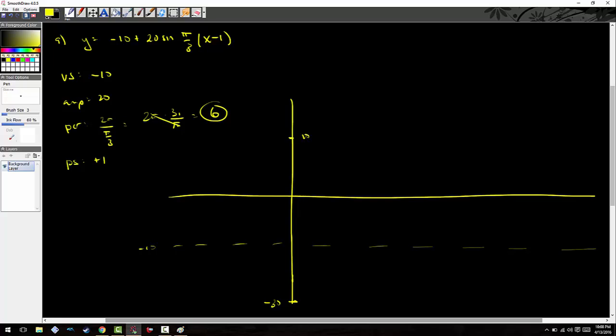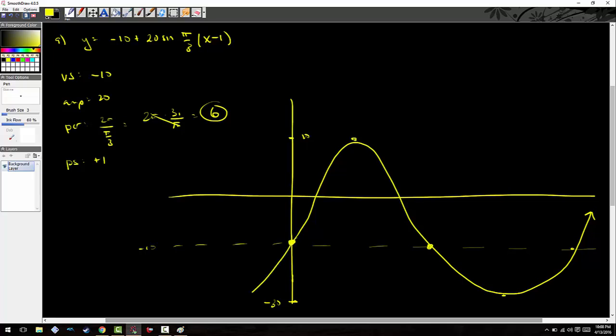Now from here, I'm going to just graph sine normally. So sine is normally going to do this pattern here. It's going to go up, and then down, and then up. Oops, don't want it there. I want it here, and I want it here.